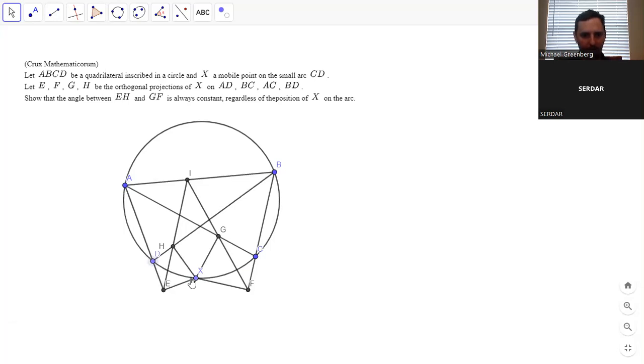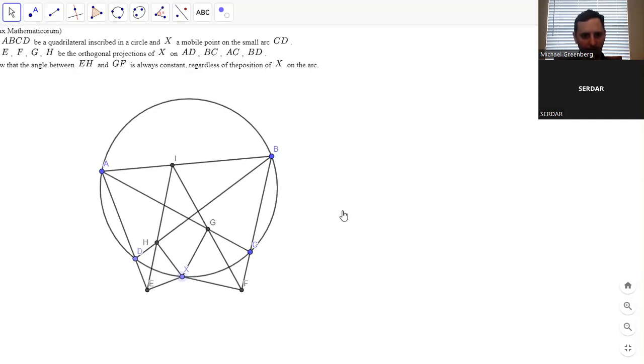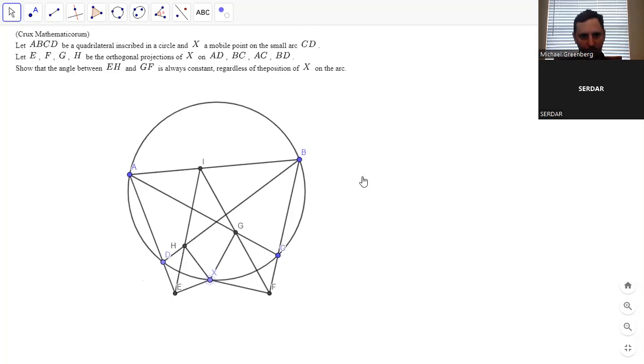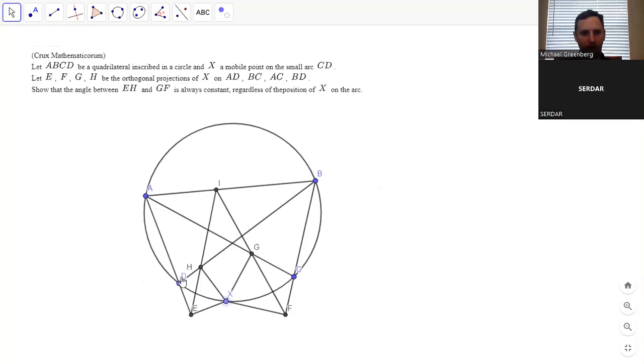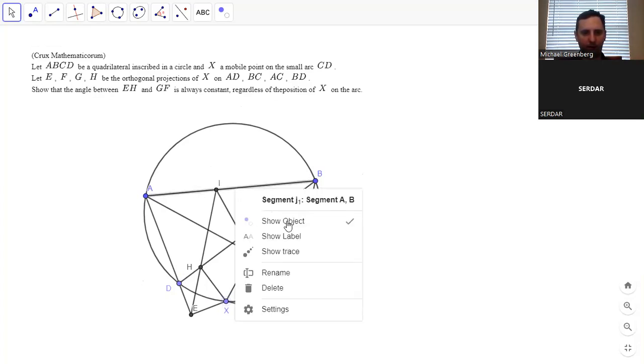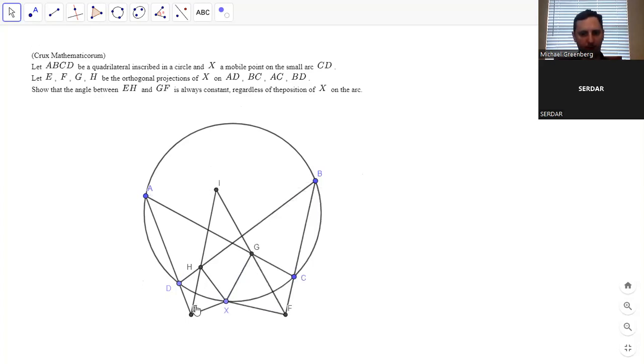Let me make this diagram bigger. So there's two interesting things. A, I, and B are collinear. I don't see why that's true immediately. And then the angle they're saying is always the same. So I'm going to delete that for now. Obviously, these are cyclic right here.